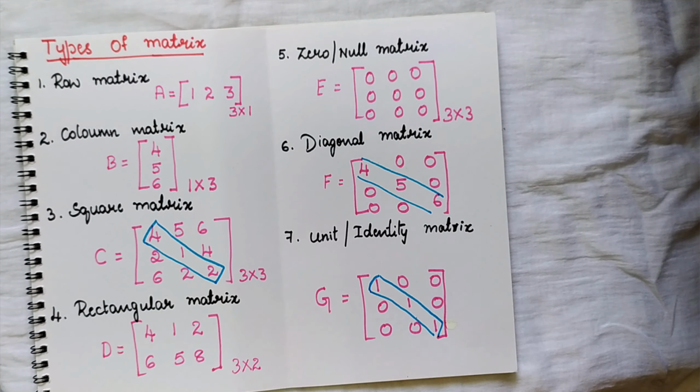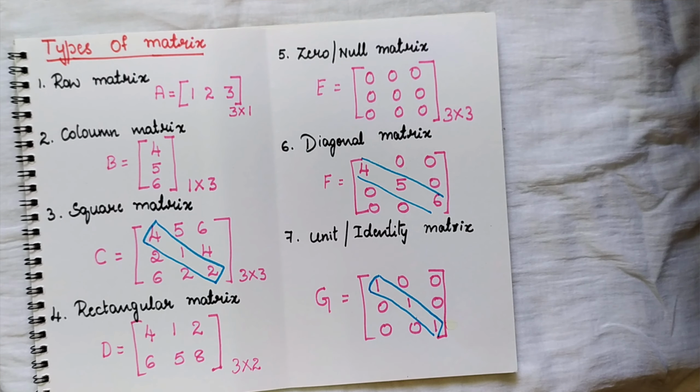In diagonal matrix and identity matrix, we concentrate on the diagonal elements. So in this diagonal matrix or unity or identity matrix, the matrix will always be a square matrix because it is with respect to the principal diagonal elements. As we know, if it is a square matrix, the number of rows and number of columns will be equal.